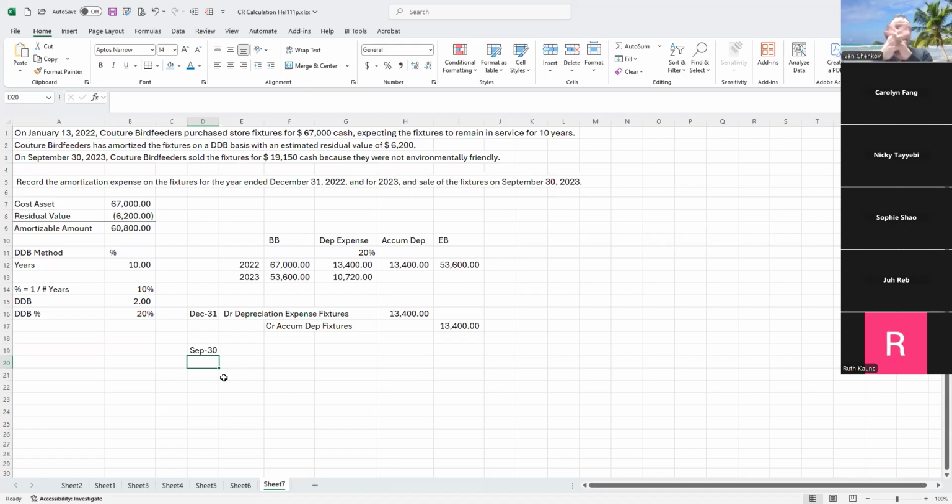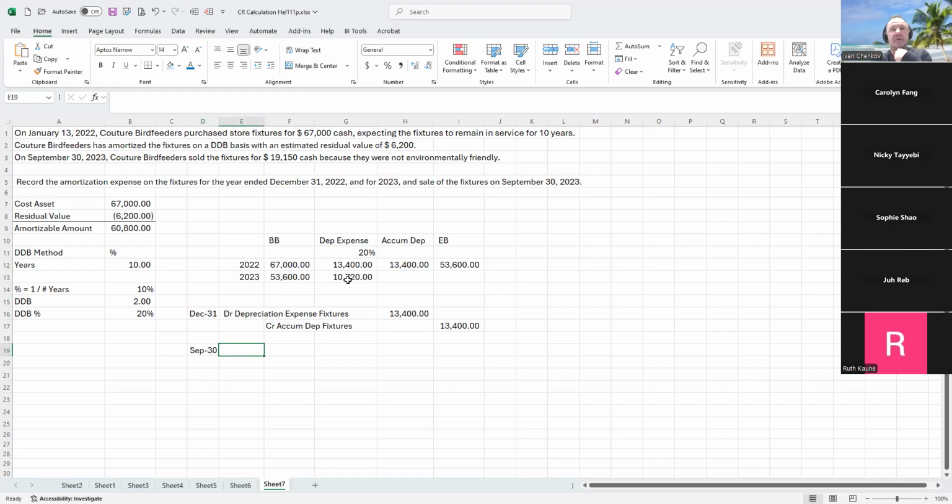What's the first thing that we have to do before we start getting the cash? Did we use the asset from January 1st to September? Did we use the fixtures from January 1st, 2023 to September 30th, 2023? Yes, we used it for 9 months.